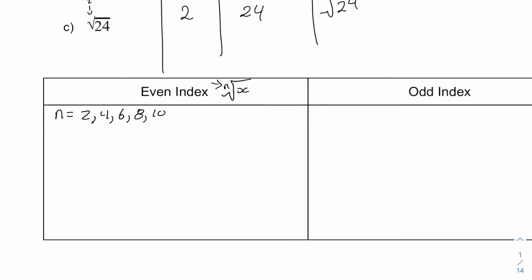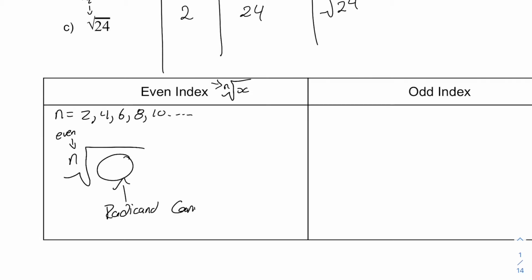Something really important happens here. If n is an even number, and so on and so forth, there's a restriction on the inside here. The thing inside here, your radicand, cannot be negative.